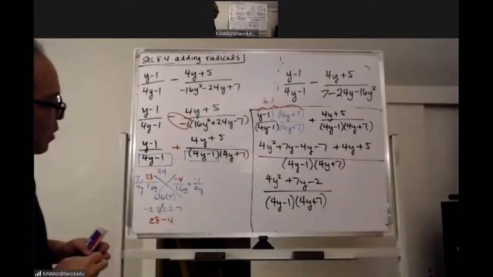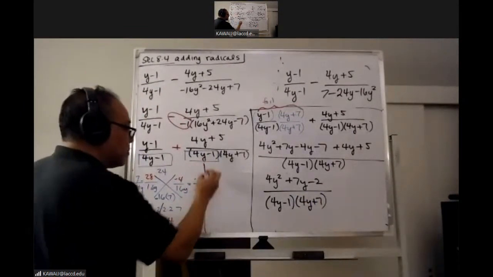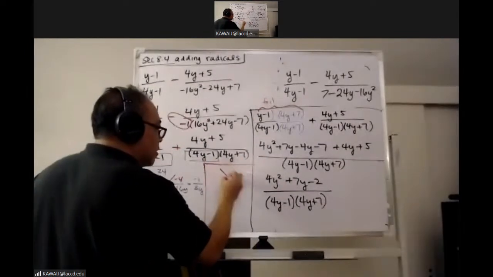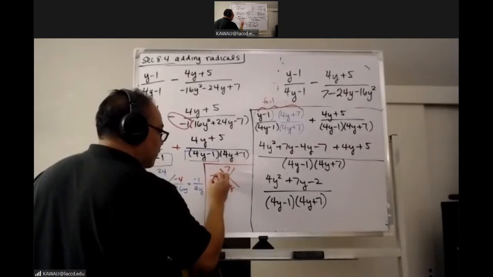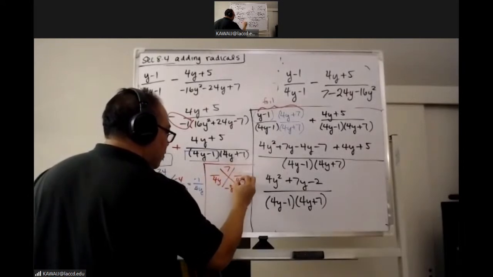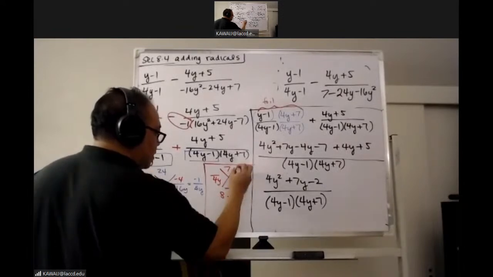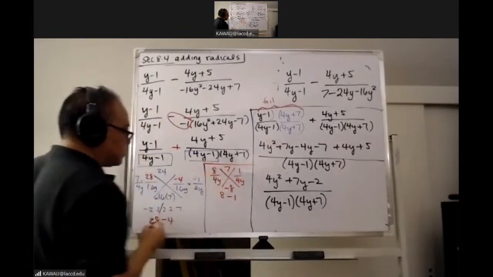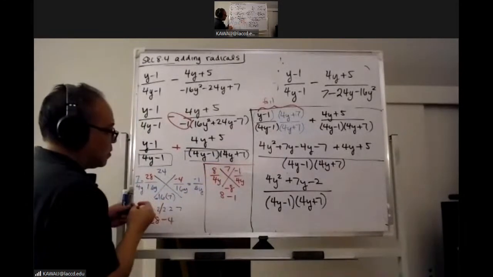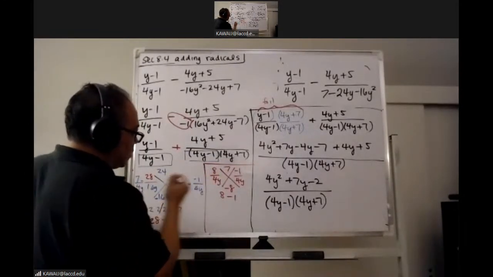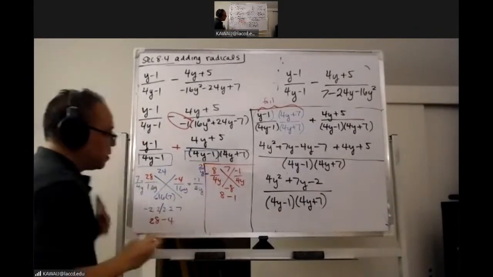And I'm guessing that we may be able to X factor that. Let's try it. That's 7, that's minus 8, that's 4y, that's 4y. So we get 8 minus 1. So then this turns into 2 over y.